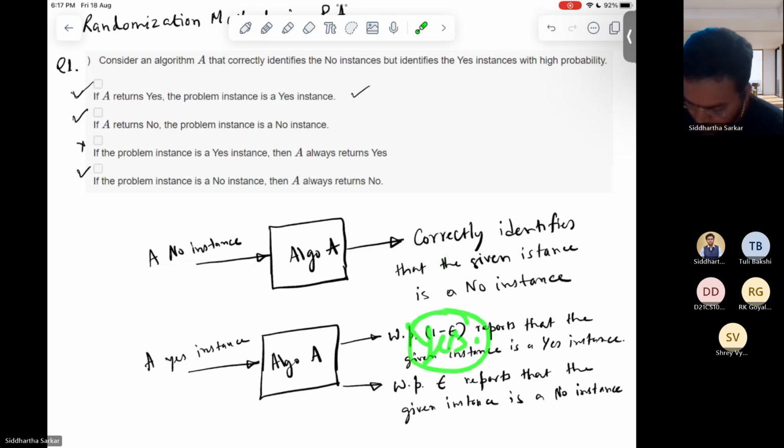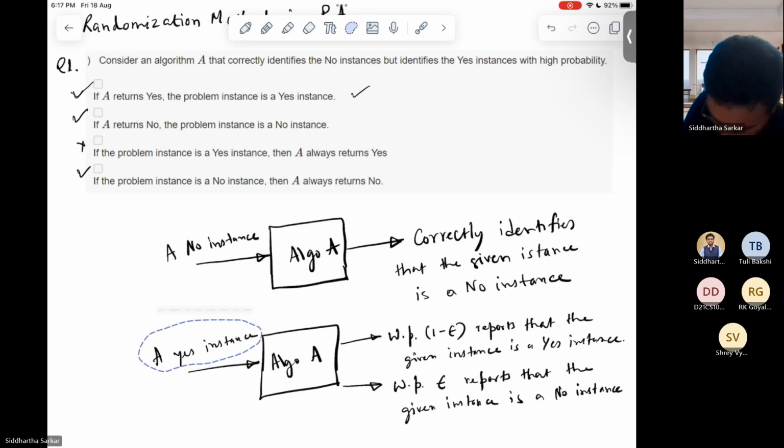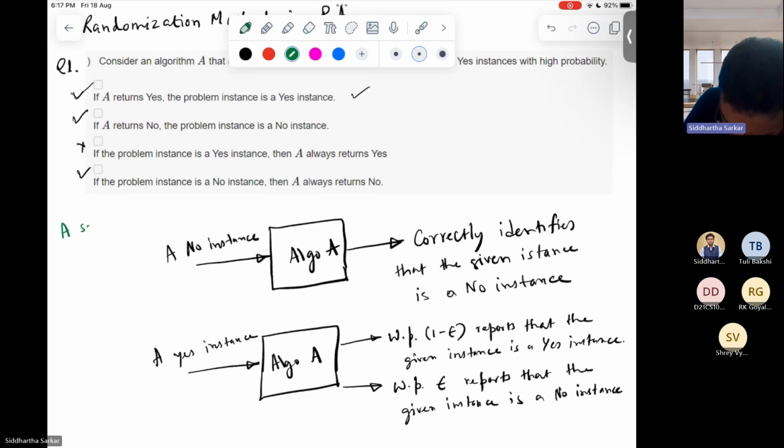The algorithm is saying yes. That means, let us say for the sake of contradiction, and I'll use a different color, that the algorithm says yes, but the problem instance was a no instance.